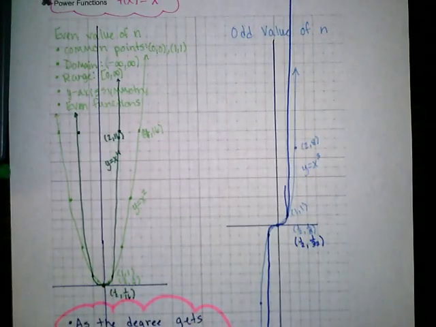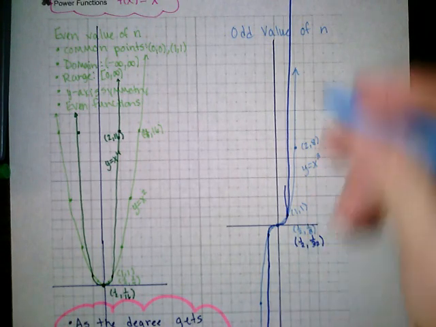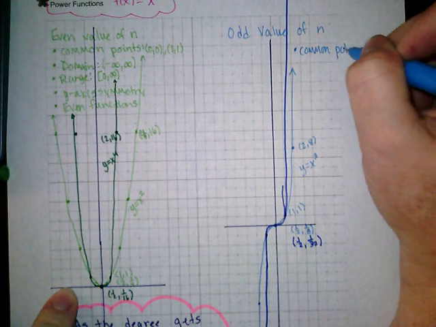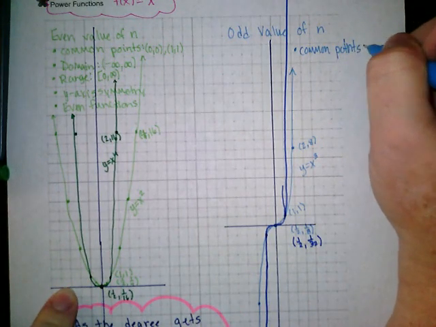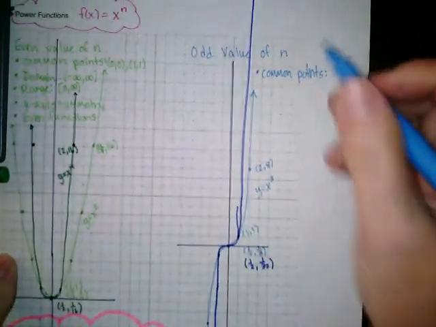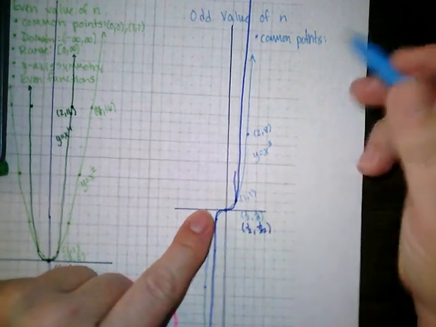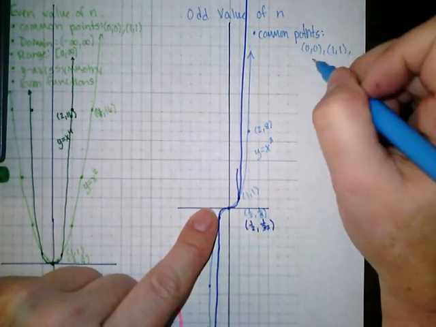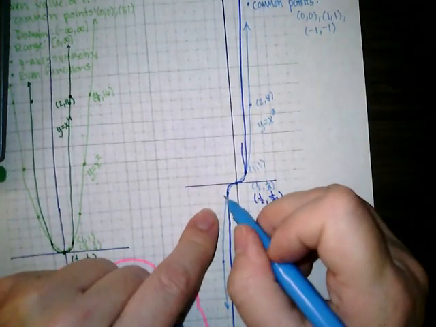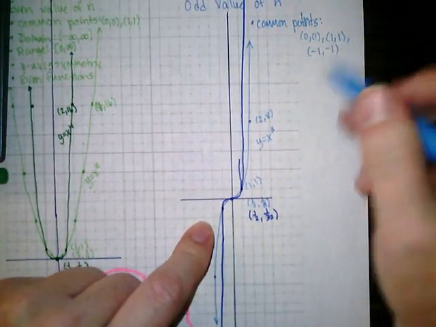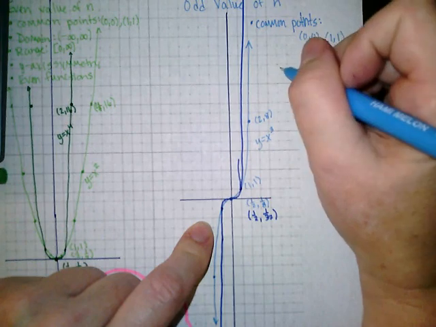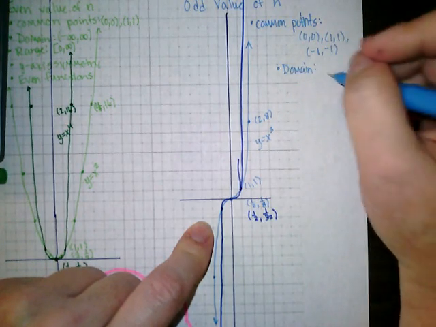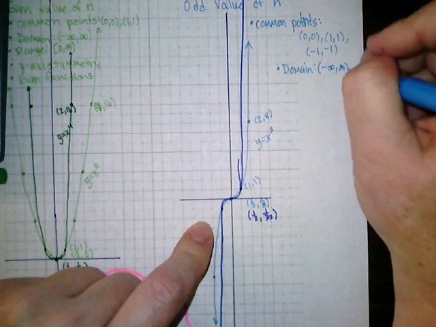So with an odd value of n, what are our common points? Okay. Common points. We had (0, 0), (1, 1), and then we also had (-1, -1) over here. Let's see. What's our domain? Domain would be -infinity to infinity on both.